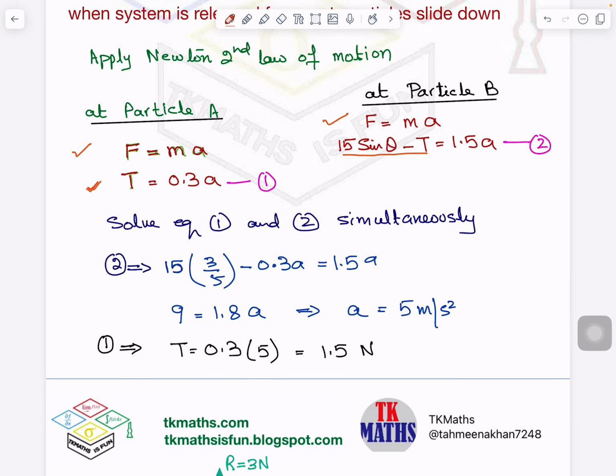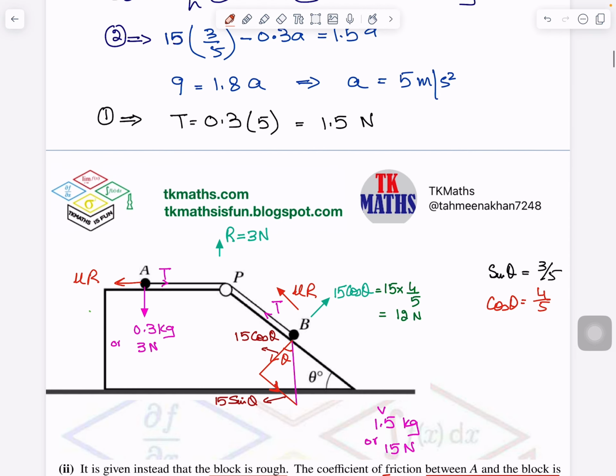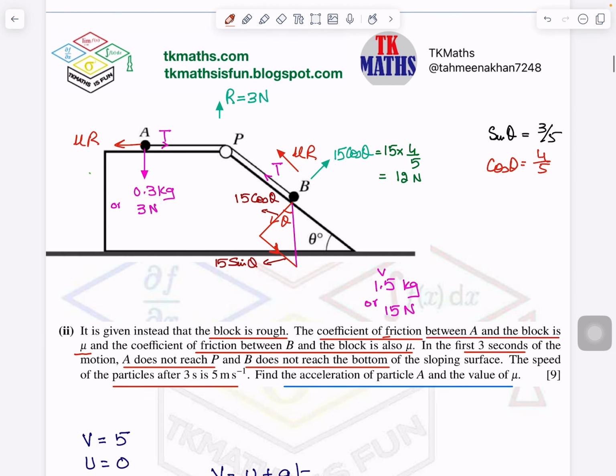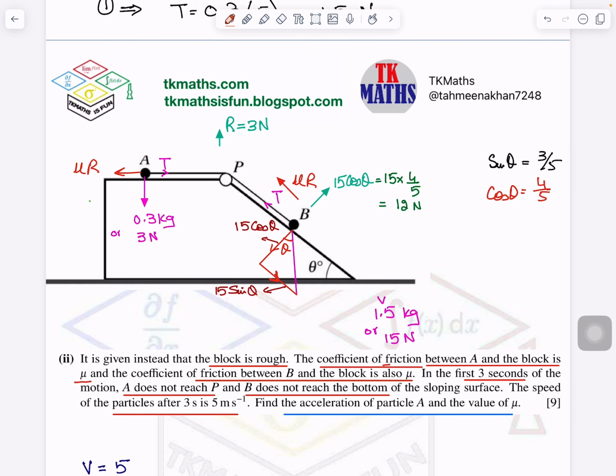I have done it here for you, and you can get the value of A and T here. Now once you have the value of A and T, part 1 is solved. Now let's come to part 2. In part 2, the question was asking for finding the acceleration of particle A and the value of the coefficient of friction.